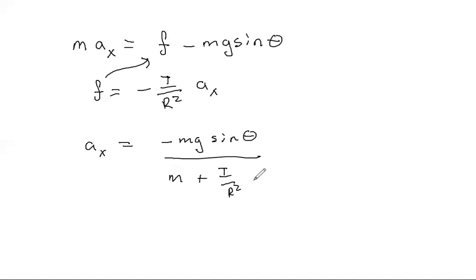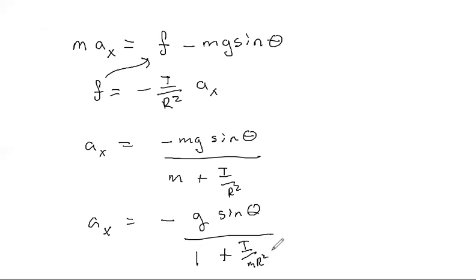That should start to look kind of familiar. I'm going to divide top and bottom by the mass and write the acceleration in the x direction equals minus g sine theta over 1 plus I over m r squared. It's the same.